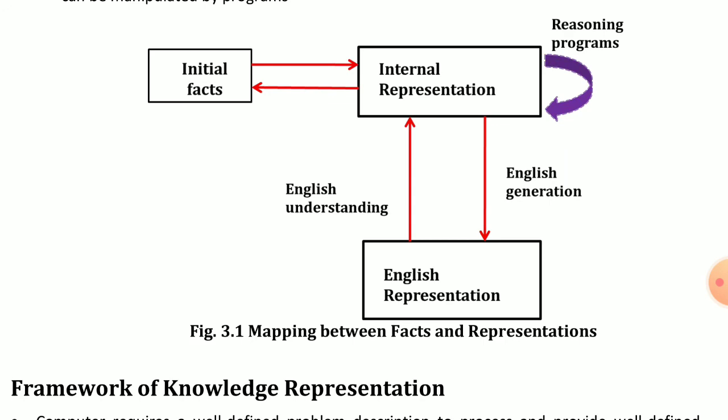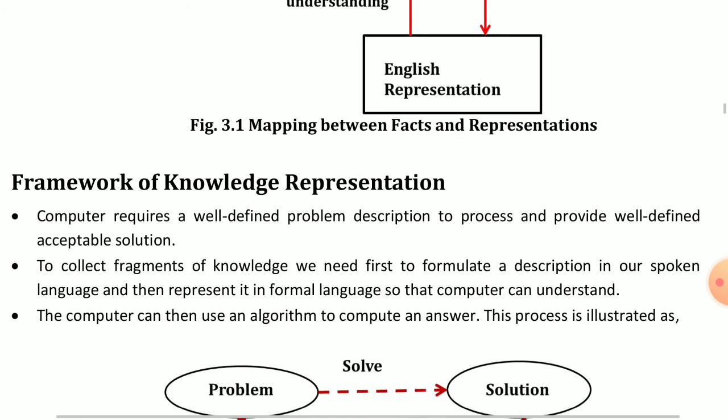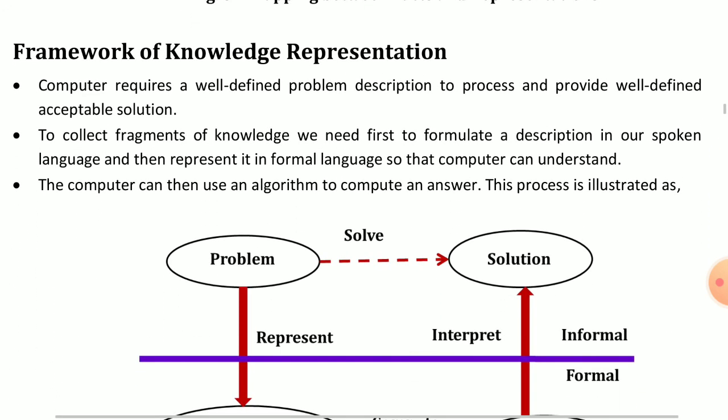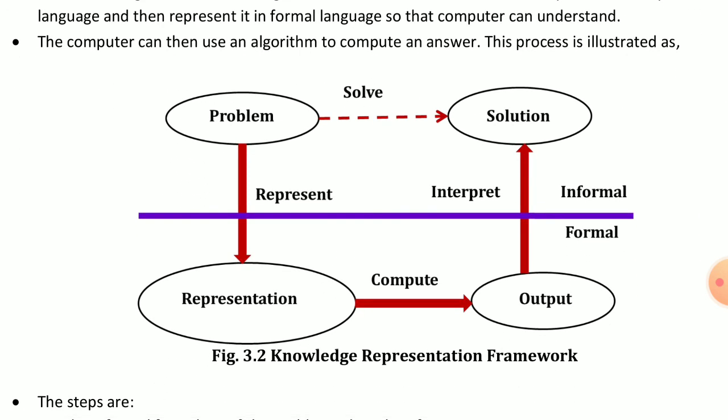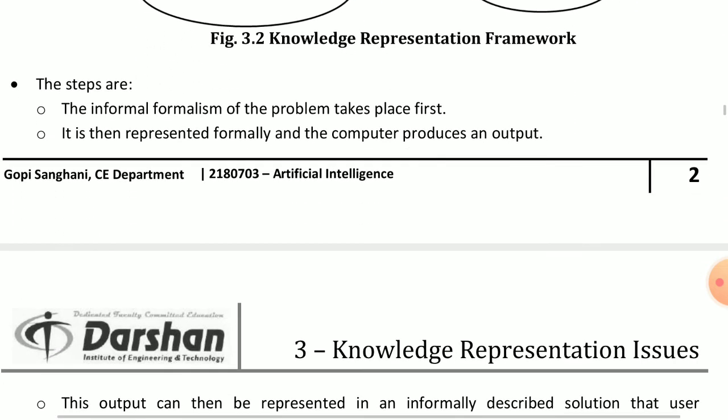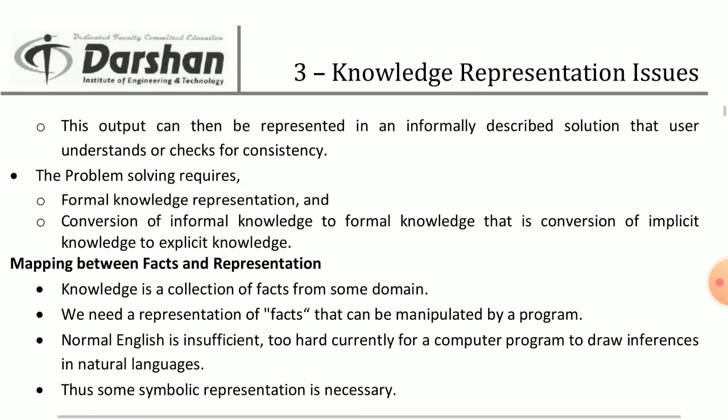Now in the second video I started the framework of knowledge representation, how we can represent the problem and find the problem solution. So here the diagram is given, the knowledge representation framework. First we find the problem and get the problem solutions. The steps are given.